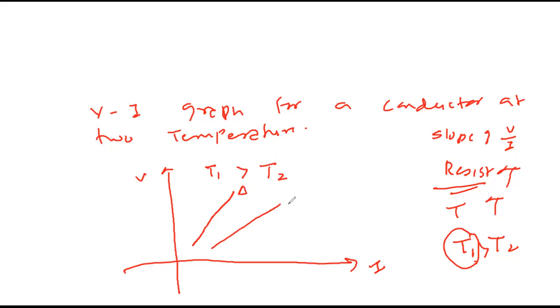This is the graph of a conductor at two different temperatures: the T2 line makes a smaller angle, the T1 line a larger angle. Draw this diagram. Sometimes they will give a graph and ask which temperature is more. The one which makes the larger angle has more resistance, hence its temperature will be more.